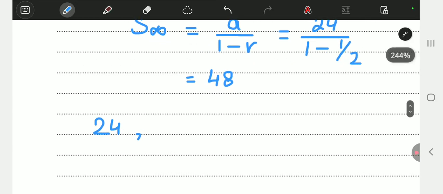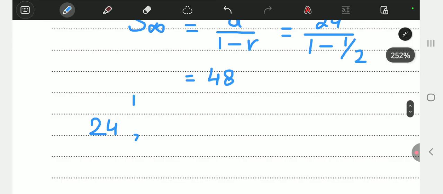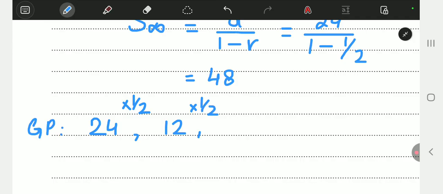So the next term, after multiplying by 1 over 2, would be 12. The next term after multiplying by 1 over 2 would be 6. This is your geometric progression first that is given. The next term would be 3. And so on.